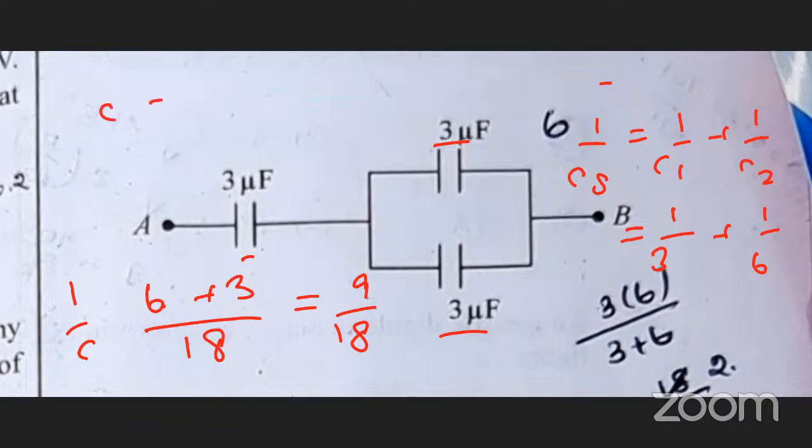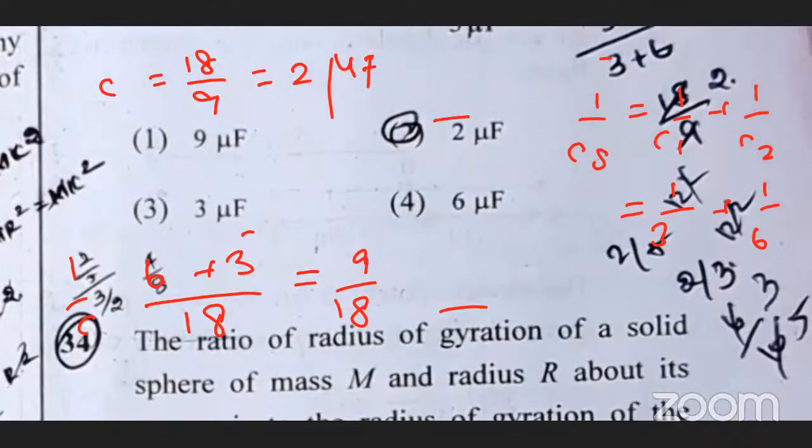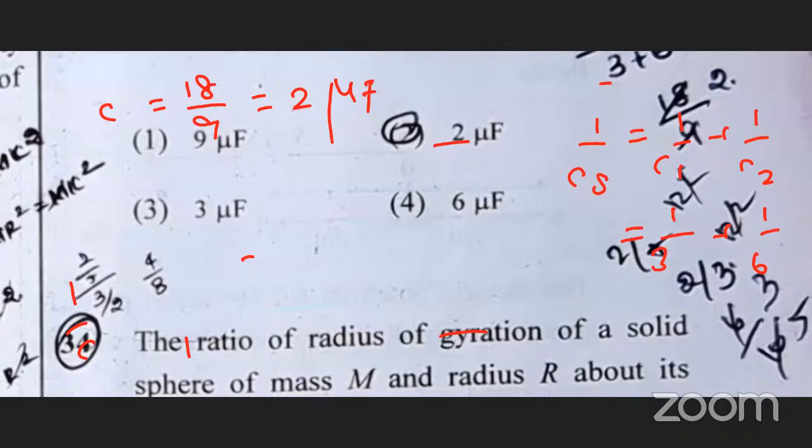We cancel this, and we get 2 microfarad. So 2 microfarad is the right answer.